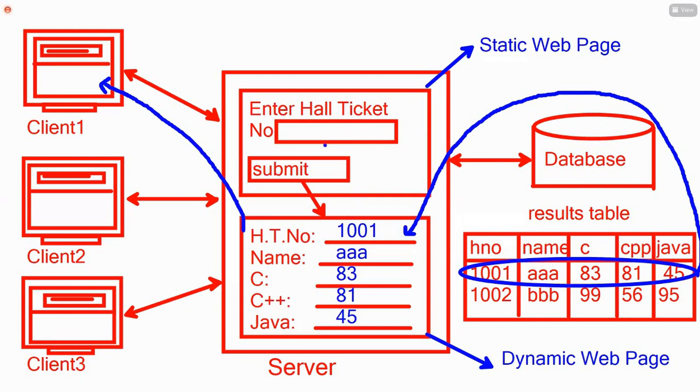This page is common to all users. This page is specific to the user. Common to all users is nothing but static. Specific to the user is nothing but dynamic. This page is already prepared and placed in the server, so it is static. This page is prepared whenever the hall ticket number comes. That is the reason it is dynamic.